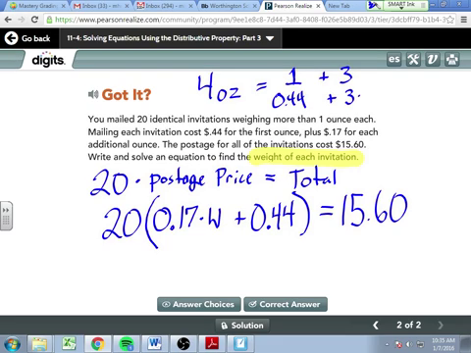Then it would be 3 times the 17 cents. So really, the weight of each invite, we're going to have to break it up. We're going to find the additional weight and then add that original ounce. But you only have one first ounce. For every card. Because each one has to pay that postage. So good question. We're going to finish this tomorrow. But I like how you were analyzing it.